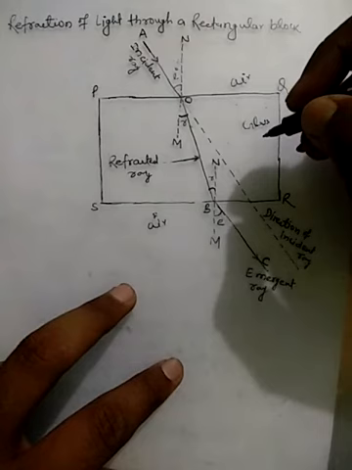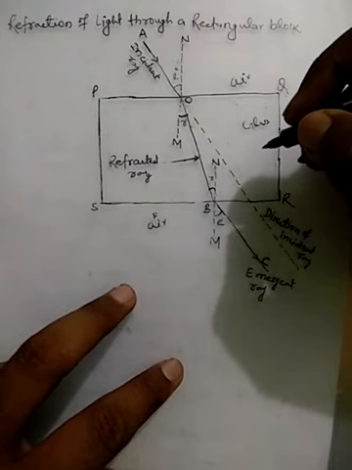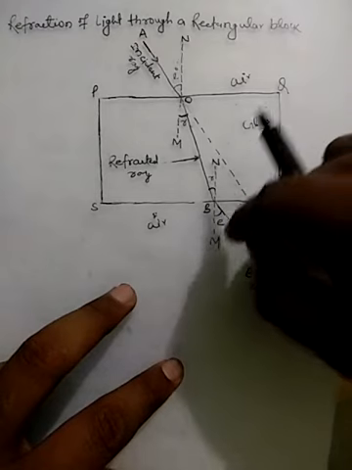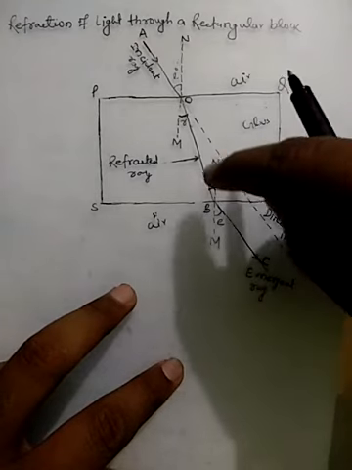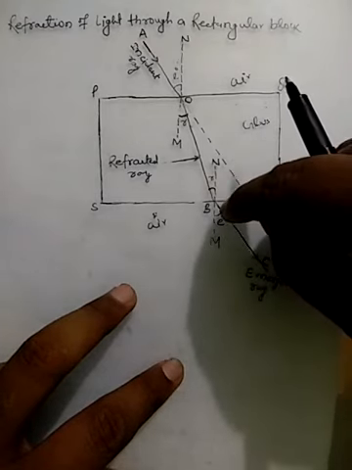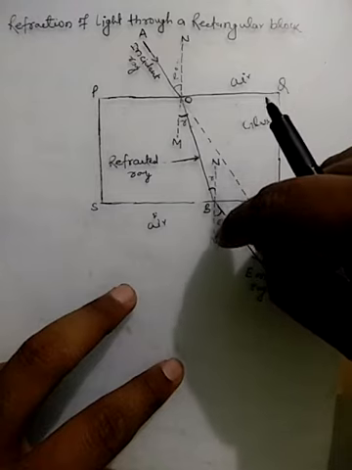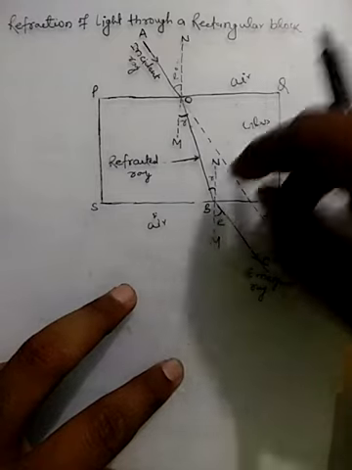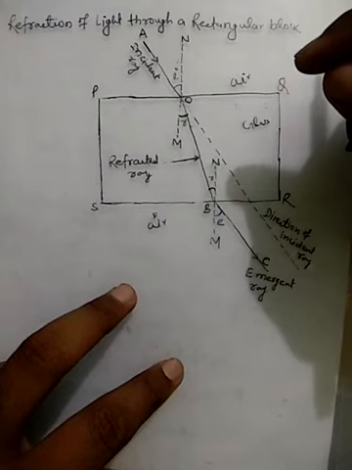We know that if a light ray passes from a denser medium to a rarer medium, the direction of the light ray bends away from the normal.